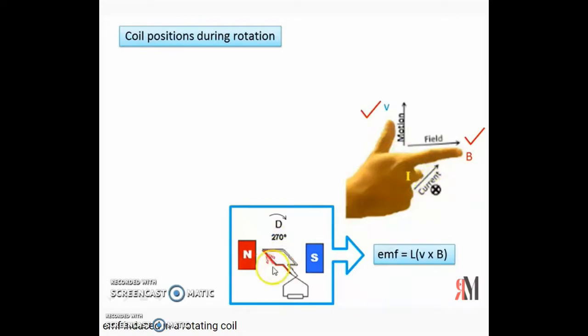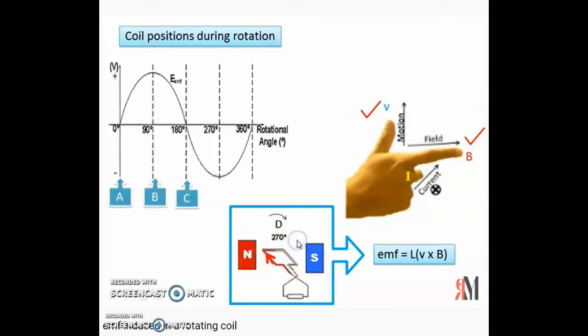That means, as shown in the diagram here, the current is in the clockwise direction. So therefore, this time it is in the opposite direction, and it is plotted down here.